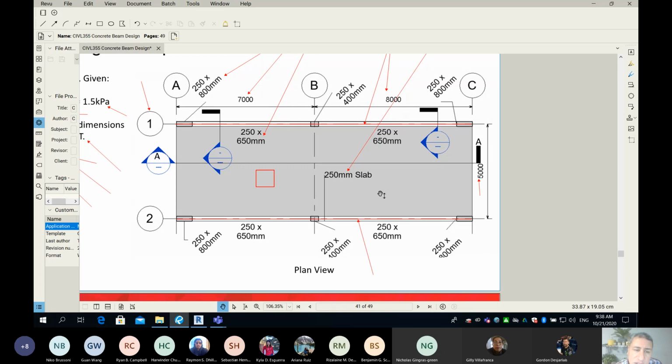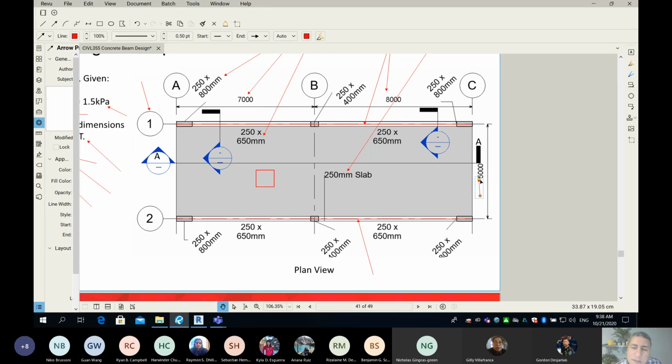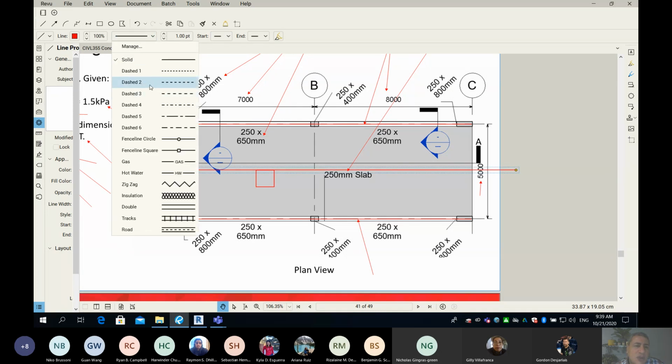Not very difficult. You can see the slab is supported on 2 beams, so every beam will take care of half of the slab. Now look at this number on the right, this 5 meter. So the center line to center line distance is 5 meter, which means if I put a line in the middle of the 5 meter, I probably need to change the line type, for example.